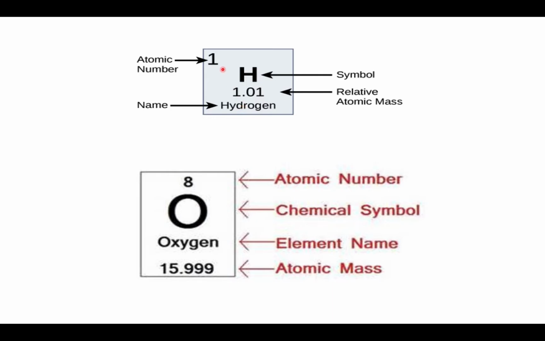So in this case, we see that the atomic number is to the left, and the atomic mass is placed on top of the element's name. In this one, the atomic number is in the middle, and the atomic mass is on the bottom, which is after the element name. So don't let this confuse you.